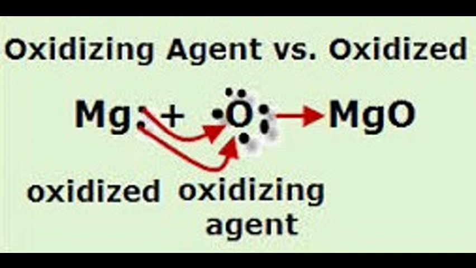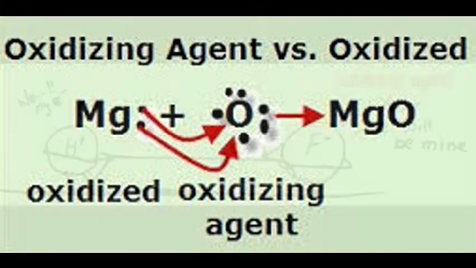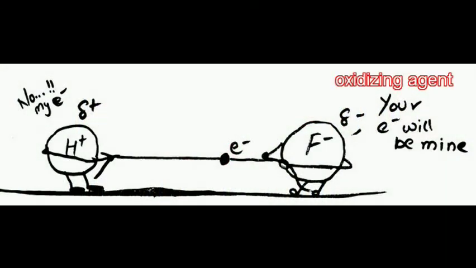Substances that have the ability to oxidize other substances or cause them to lose electrons are said to be oxidative or oxidizing and are known as oxidizing agents, oxidants, or oxidizers. Oxidizing agents shift or remove electrons away from other substances and are thus themselves reduced. Oxidizing agents are called electron acceptors.